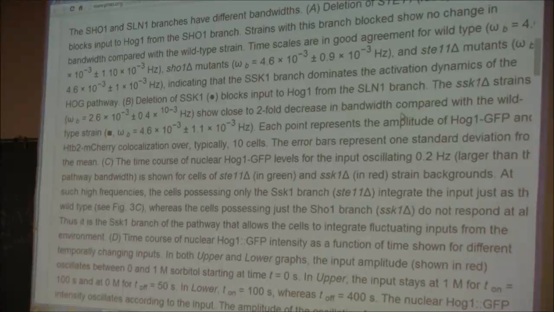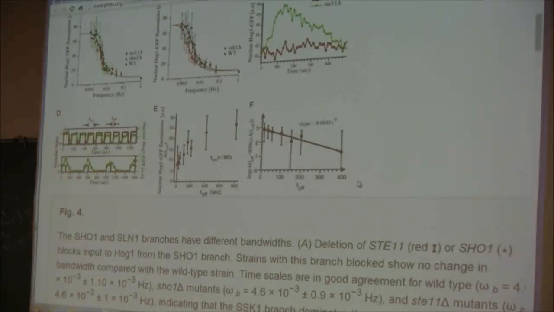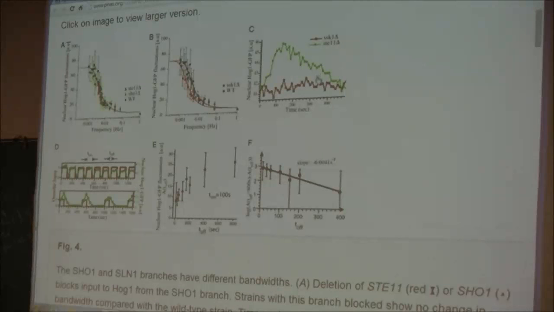B is a different deletion unit. D. Let's see, what is C?